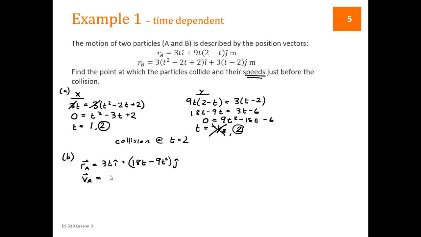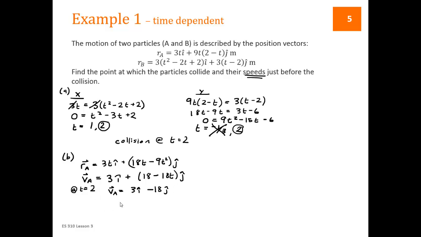Derivative of 3t is 3. Derivative of 18t is 18, minus the derivative of 9t squared is 18t, j hat. So now we have to plug in t is equal to 2, which is the time we're interested in. We get the velocity of A is equal to 3 i hat minus, right, we plug in 2 here, we get minus 18 j hat.